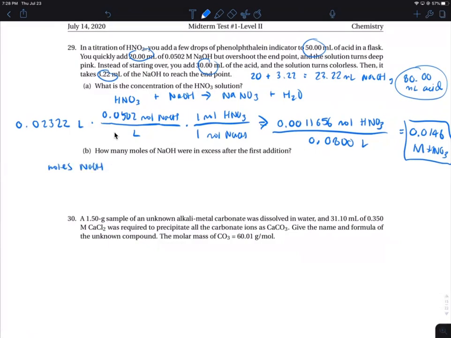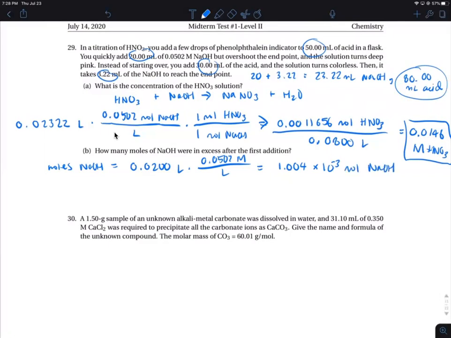So we had 20 milliliters. Let's convert that into liters, 0.0200 liters of 0.0502 molar solution. So that's just 1.004 times 10 to the minus 3 moles NaOH.